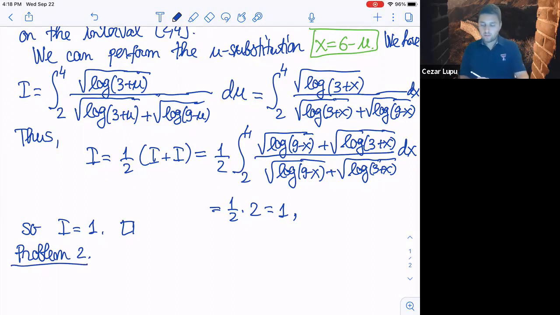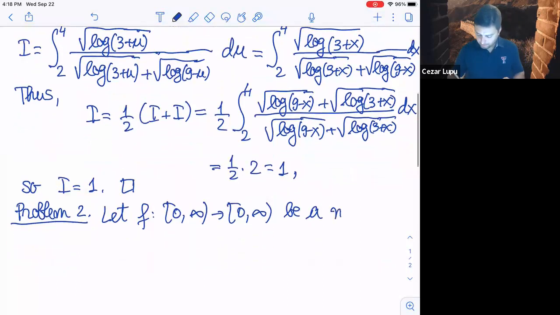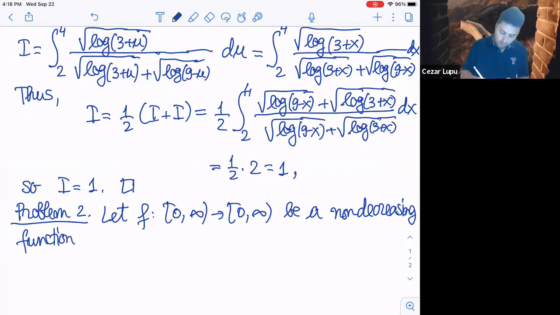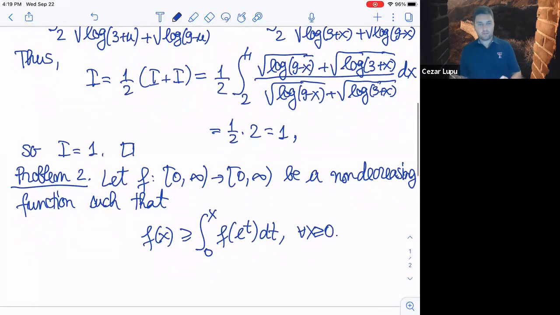I don't recall the exact statement, but let f be a non-decreasing function such that f of x is greater or equal than the integral from 0 to x of f of e to the power t dt, for all x non-negative. So we have this kind of condition.